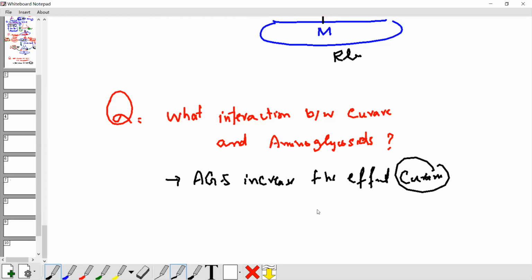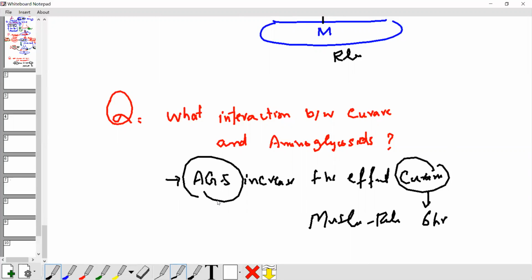Curare does what? Muscle relaxation. For example, if we use just the Curare family, the Curare does muscle relaxation for 6 hours. If you also add an aminoglycoside antibiotic, this muscle relaxation, muscle paralysis, may last 10 hours, may last 12 hours, a longer duration. So you must reduce the dose of Curare if you want to use the aminoglycoside antibiotic.